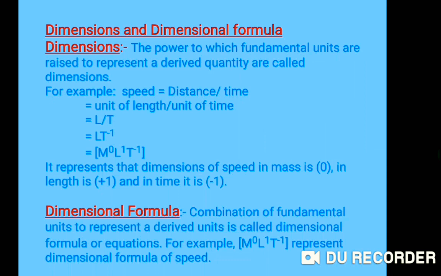Dimensional formula. The combination of fundamental units to represent a derived unit is called dimensional formula or dimensional equation. For example, M0 L1 t minus 1 represents the dimensional formula of speed.